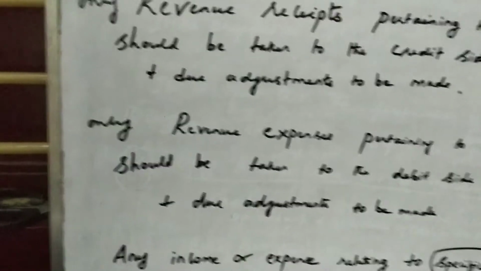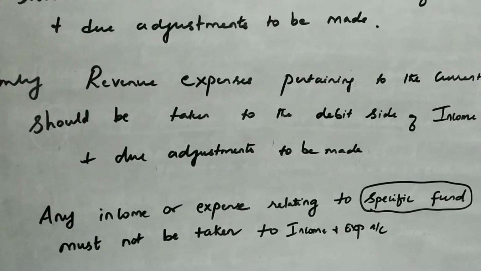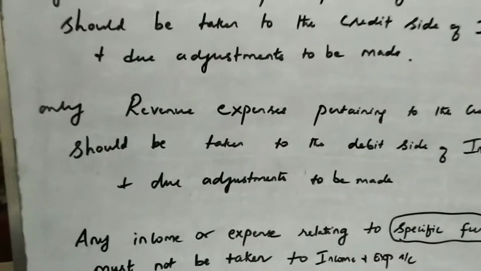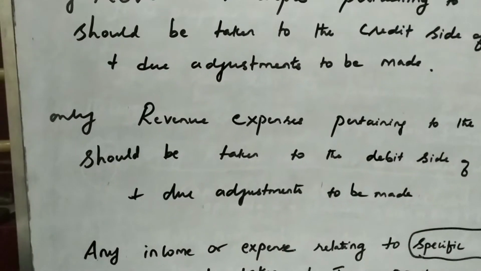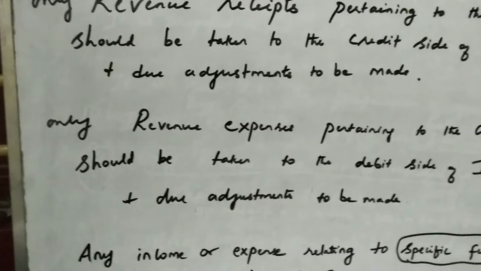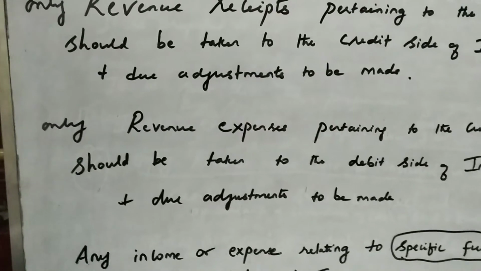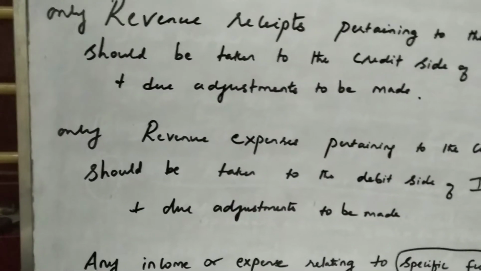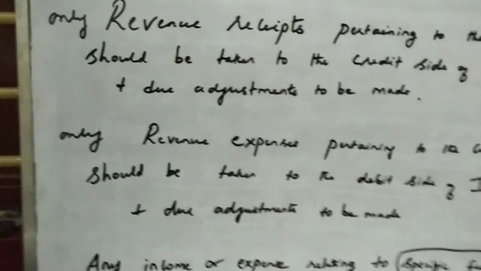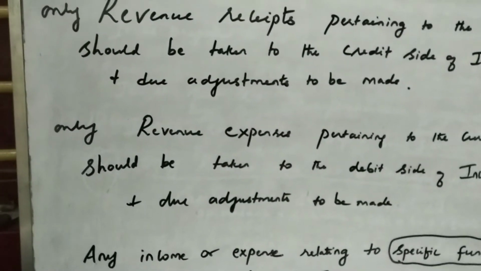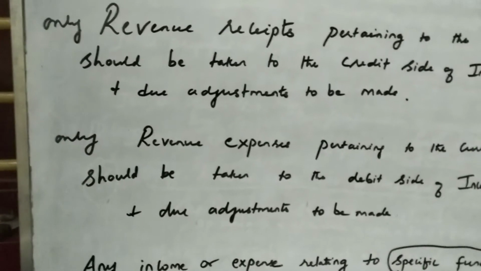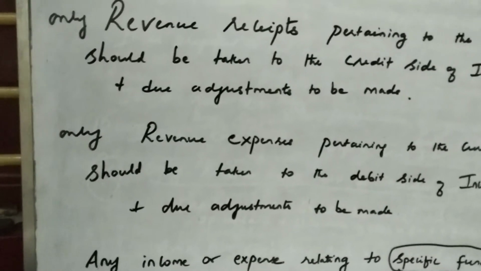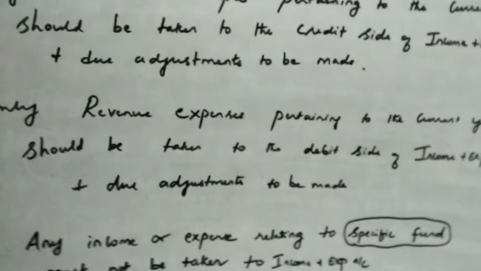The next point is any income or expense relating to a specific fund. Even in donations we have seen general donation and specific donation, right? Under that, in case of any specific condition, you call that a specific donation. These funds are created for a specific purpose. It may be a prize fund, tournament fund, match fund, all those things, which are created for a specific purpose.